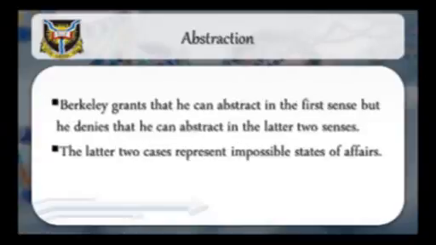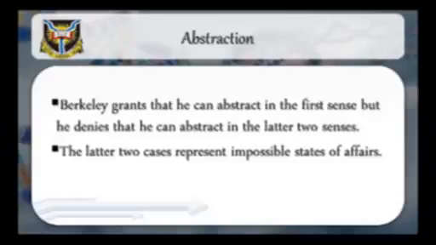Berkeley grants that he can abstract in the first sense. I can consider the hand, the eye, the nose, each by itself abstracted or separated from the rest of the body. But he denies that he can abstract in the latter two senses. The latter two cases represent impossible states of affairs.